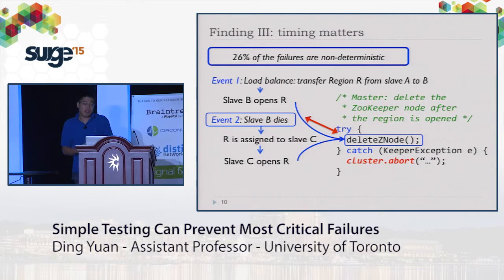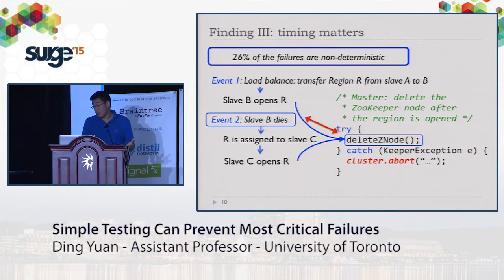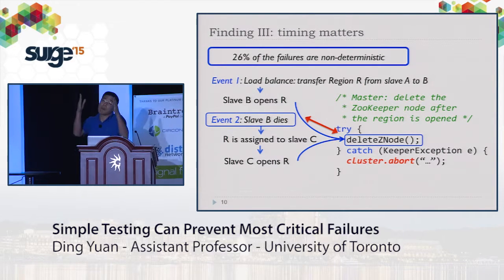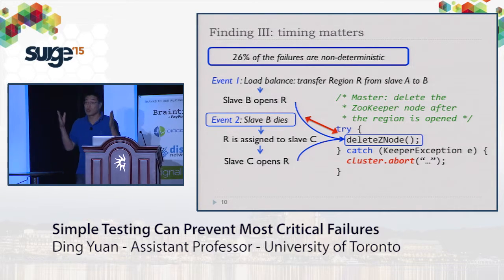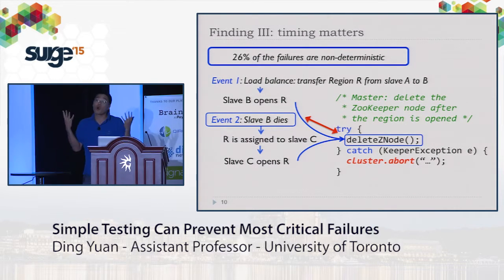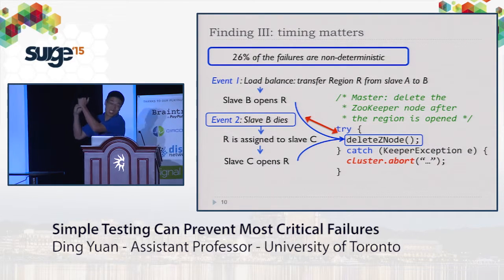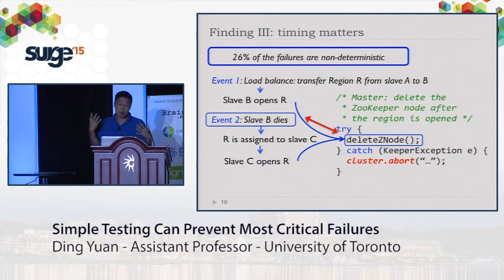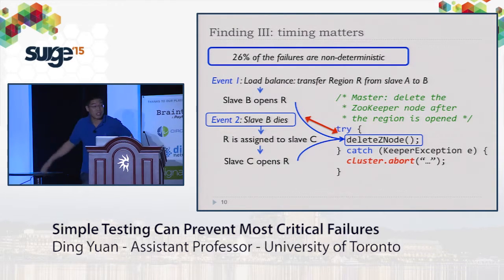And in addition, we found not all the failures are deterministic, which means that it's not that you come up with the right sequence of the event, the failure is guaranteed to manifest. So actually, a quarter of them are non-deterministic, which means that even if you come up with the right sequence of events, you may or may not see the failure. And in fact, this failure is one of the examples.